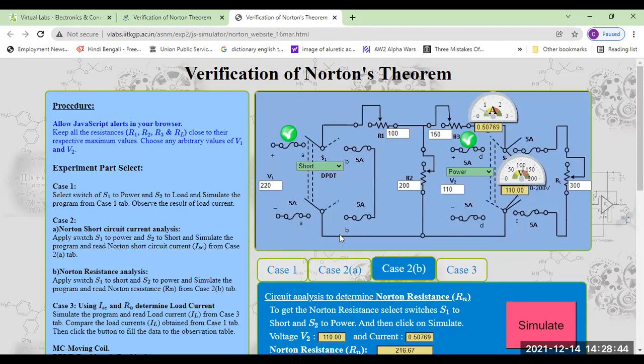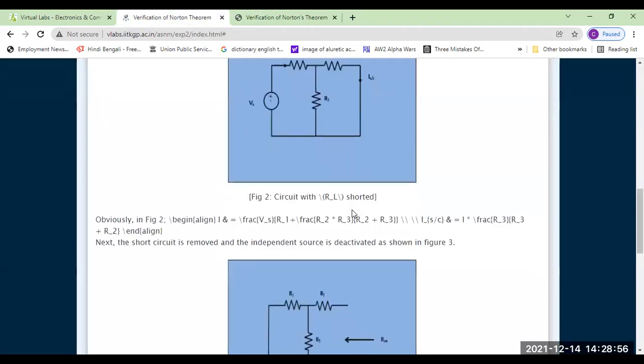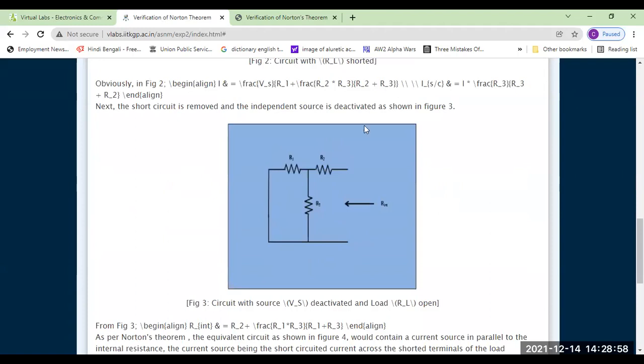Because this is an on-board performance, so we have to measure digitally. We don't measure this resistance by paper and pen. Whatever we do in this theorem with paper and pen, here the formula is given: if I start counting, these and these are parallel, and then it will be in series.